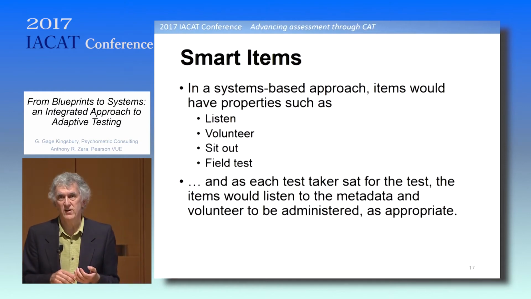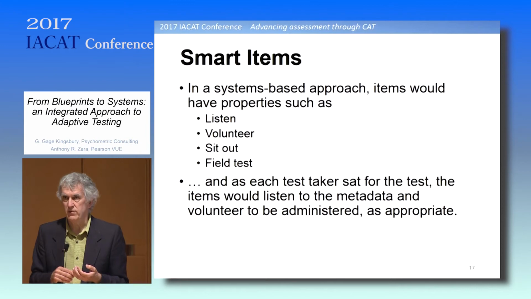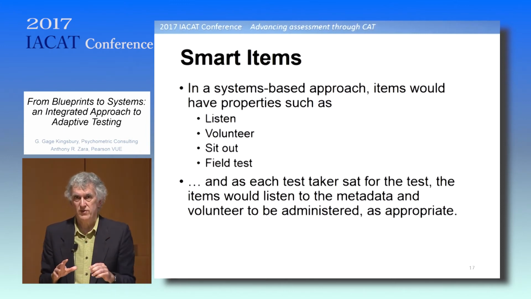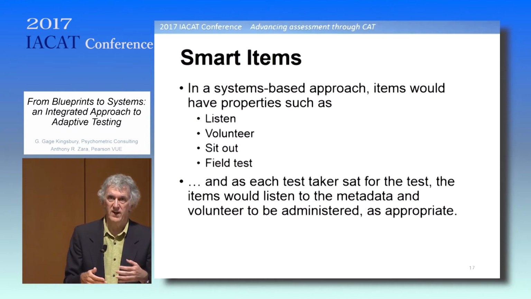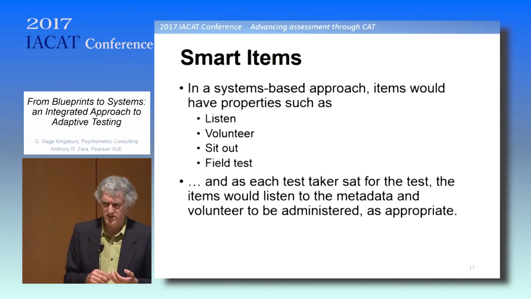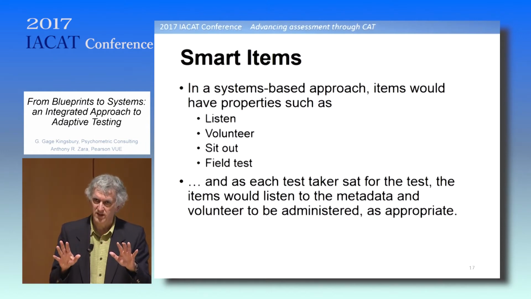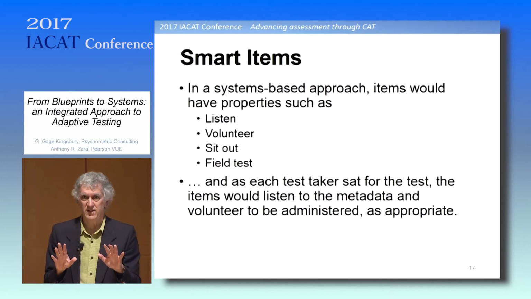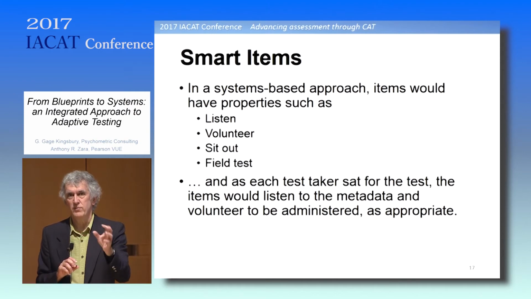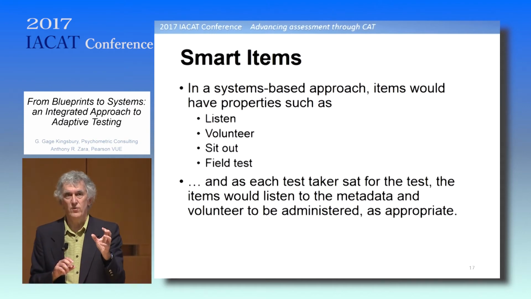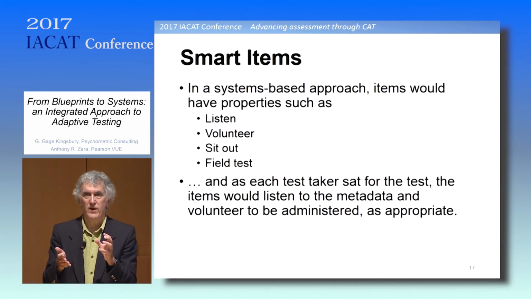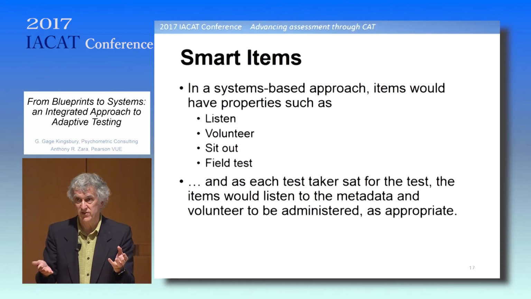So if we consider that for an adaptive test, we might be able to use incoming and existing metadata to trigger actions, and you trigger actions in every item. The nice thing about the approach is that if it works well, it should be fairly efficient, because each item is making a simple decision. They are deciding whether they are a candidate for administration. They are deciding whether they are a good candidate for administration.